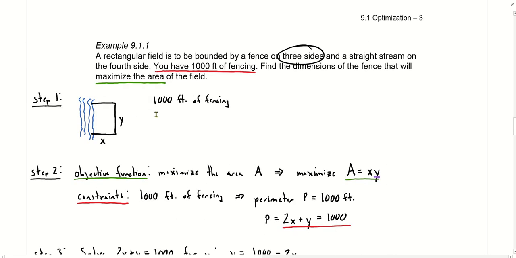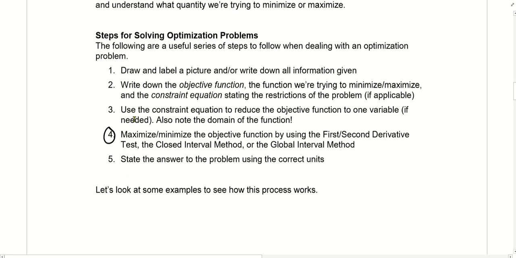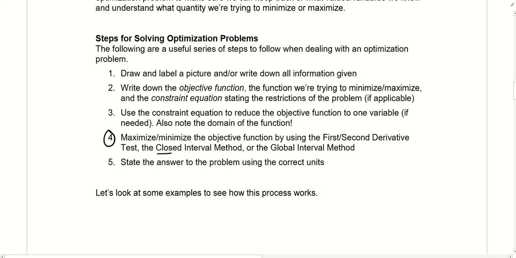Now, typically when we're dealing with optimization, we're going to want to use one of these 2 methods somehow, the closed interval method or the global interval method, because that's going to guarantee for us that the quantity that we choose for our variable is going to either maximize or minimize the thing we're trying to optimize. So I'm going to want to use one of these 2.